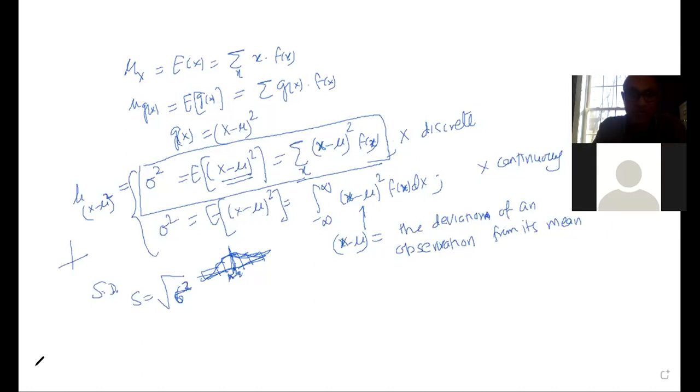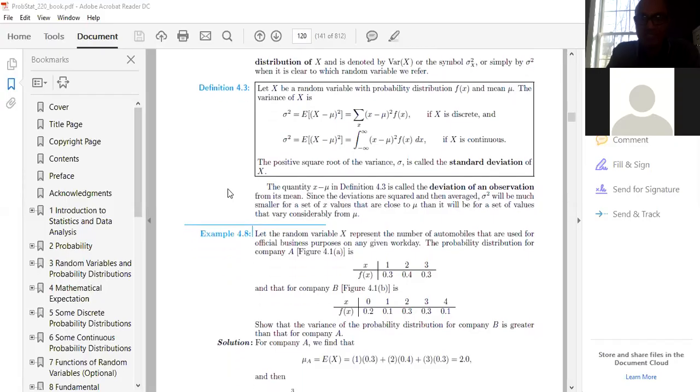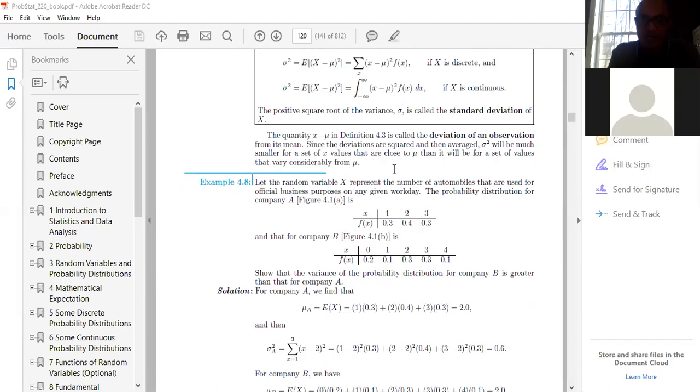Now I would like to go for my first example. Let me stop sharing this whiteboard and go to the book. The book says: let the random variable X represent the number of automobiles used for official business purposes on any given workday.